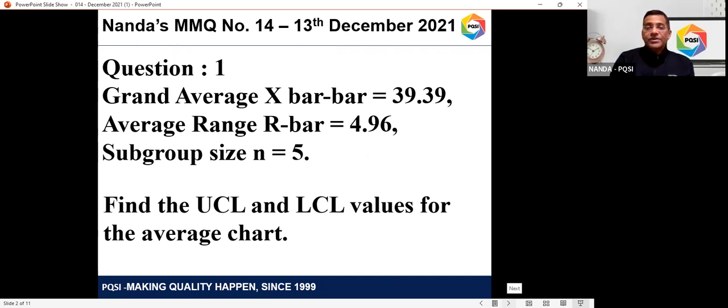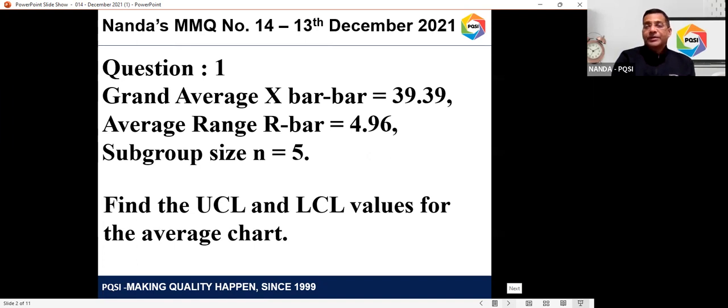We've also furnished the average range value, which is the R bar, which is 4.96. The subgroup size n is equal to 5 in this case. Your task is now to calculate the upper control limit and the lower control limit values for the average chart. So that's question number one, some amount of work for you.